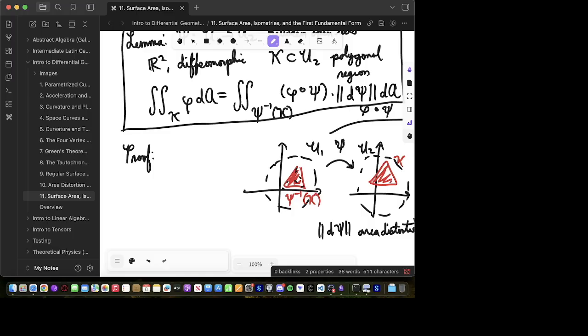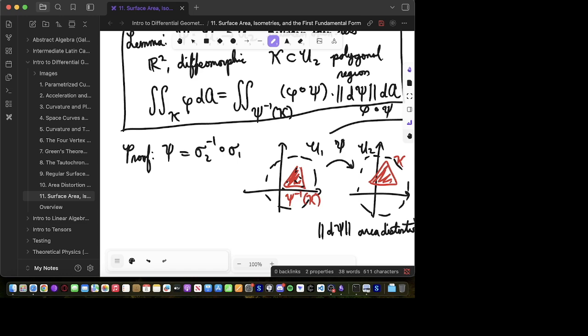So let's say we have a map psi, which is sigma 2 inverse composed with sigma 1. Remember, sigma 1 is applied first.